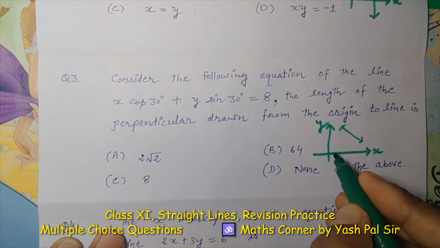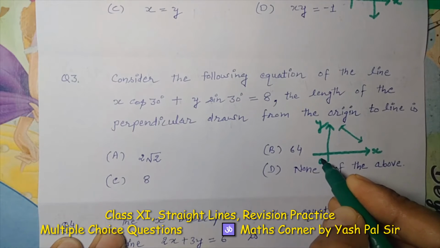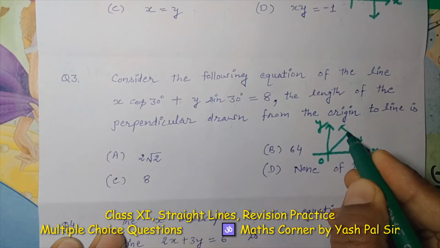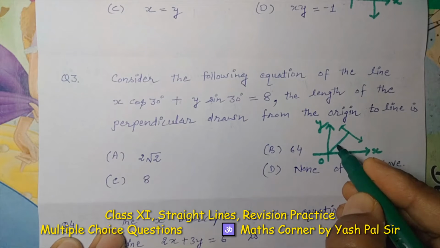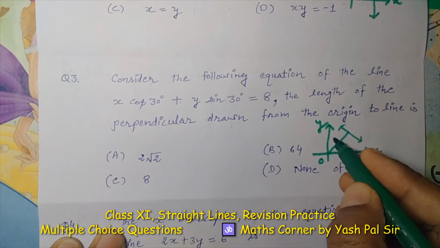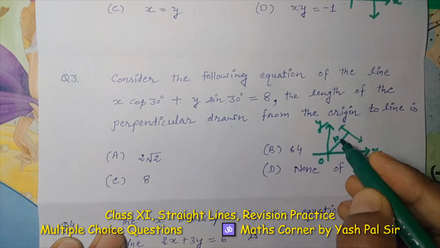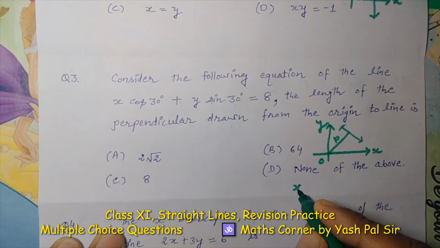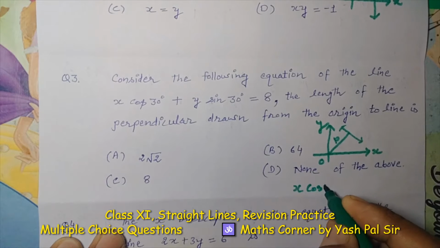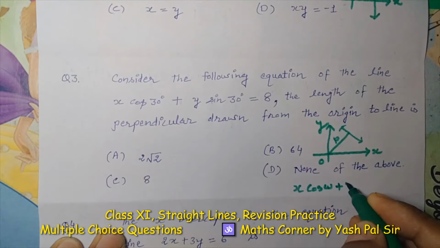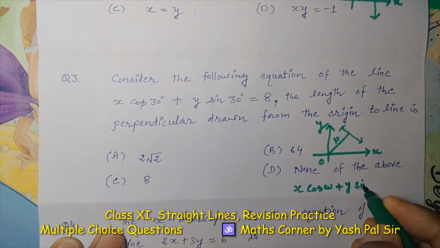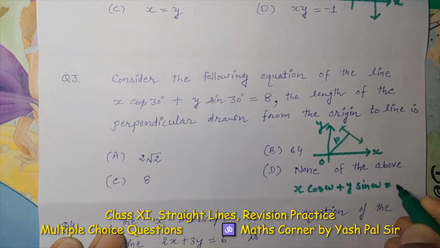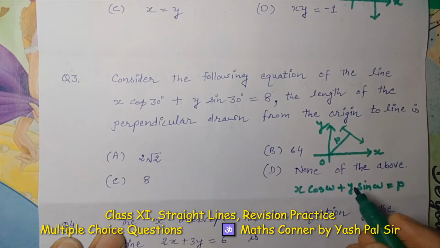So in normal form we know that from origin to the line perpendicular, this is the normal, and length of this normal is p. Then we say that x into cos omega plus y into sin omega is equal to p. What is omega?